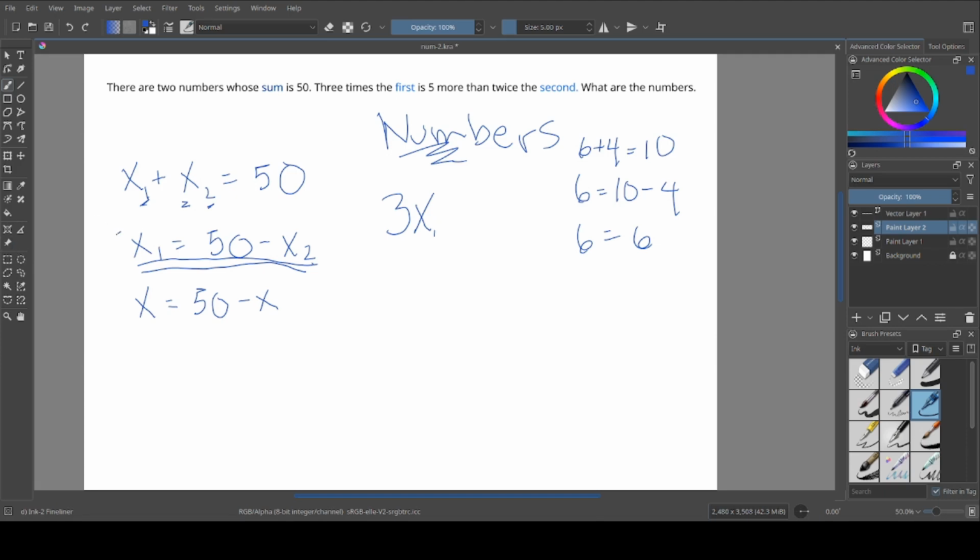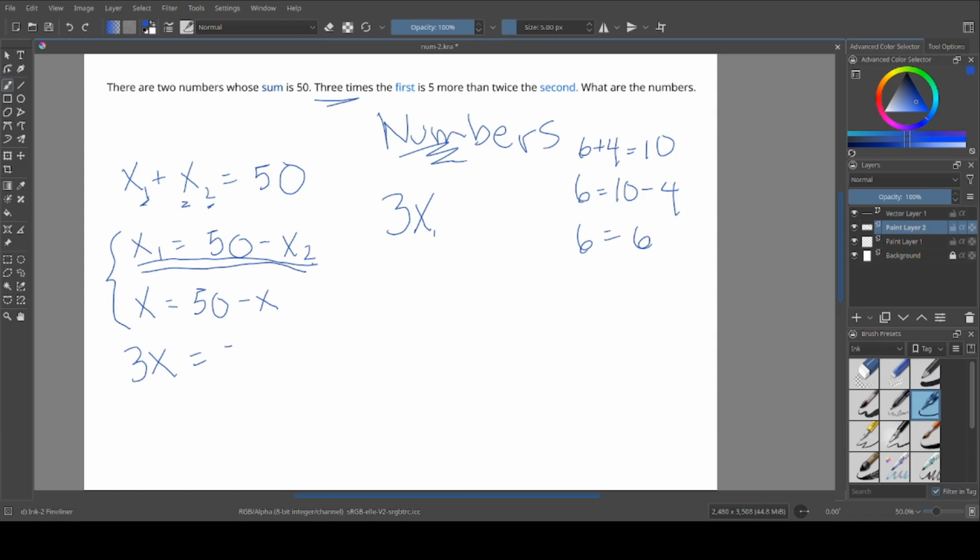It says 3 times the first, and underline that. So I can say my first number. I got the x right here, so I can say 3 times x is equal to 5 more than the second. So I'm gonna say 50.